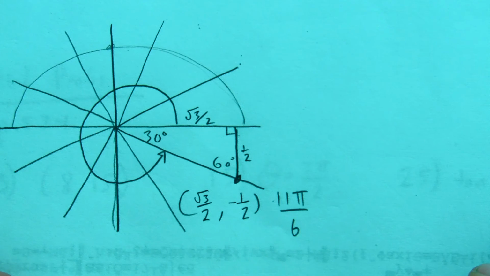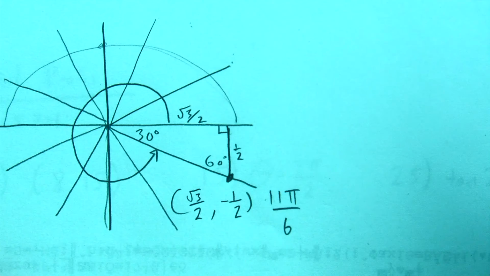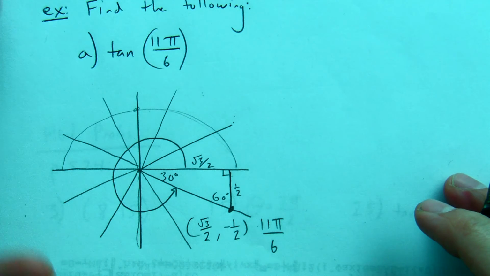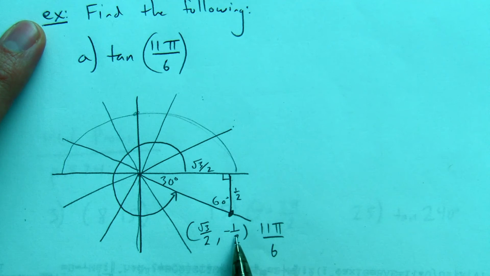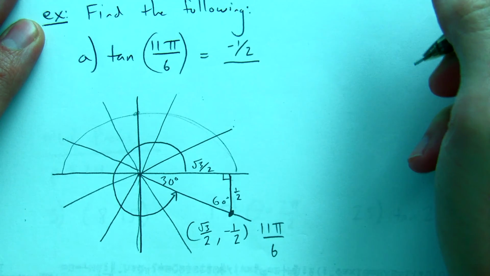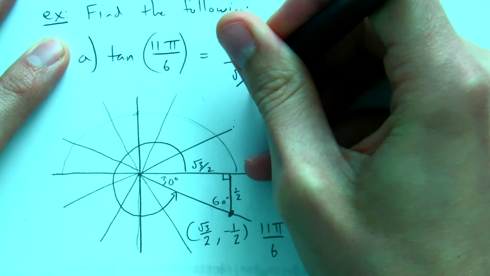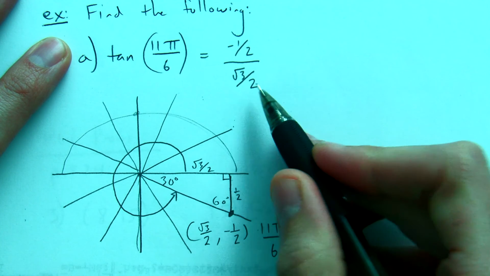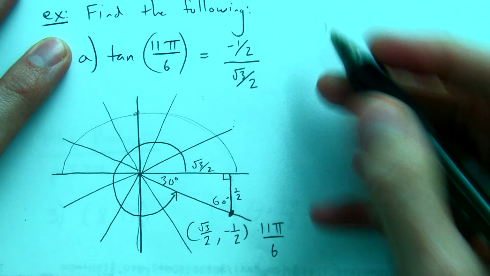Remember, what I'm ultimately looking for is what is tangent of 11 pi over 6. Tangent is y over x. Negative 1/2 over √3 over 2. Remember, when I've got a fraction divided by another fraction, I have to multiply by the reciprocal of the bottom fraction.